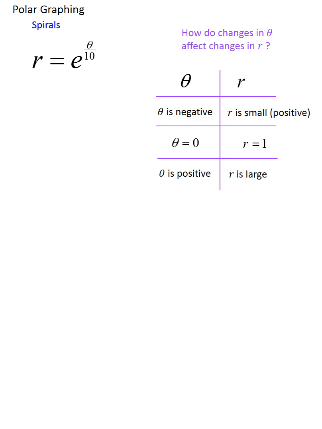And when theta is positive, I should get a large value of r. And more specifically, the larger theta is, the larger quantity I'm going to get for r. Ultimately, of course, I want to ask how these mathematical notions are going to affect the appearance of the graph. So let's get on to that.